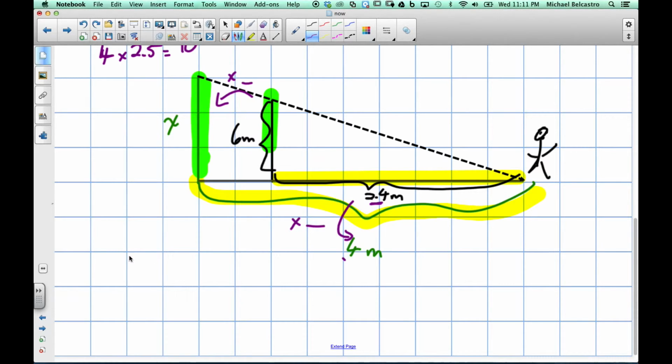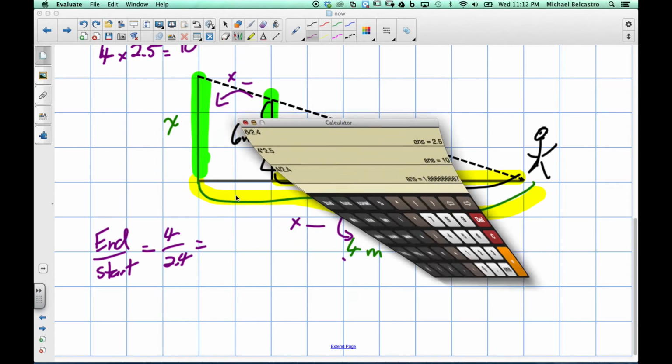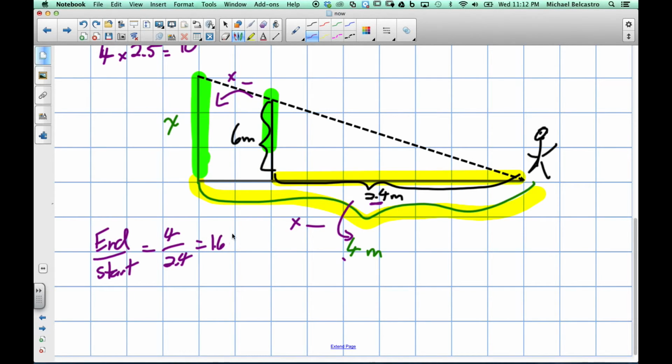Same idea as before. We take our ending number, divide by our starting number, so 4 divided by 2.4. What will that give us in this case? Well, 4 divided by 2.4 is 1.6 repeating.